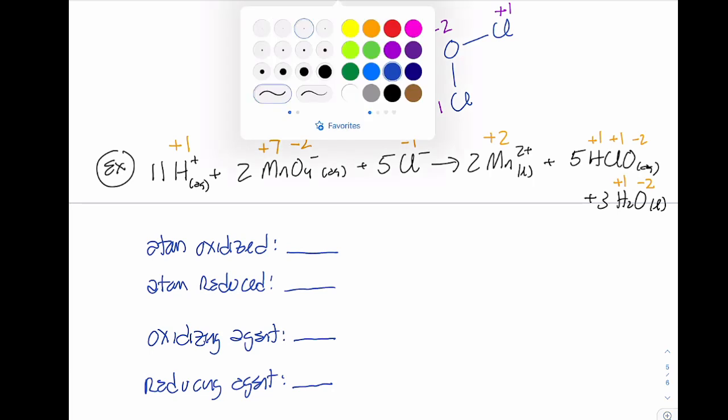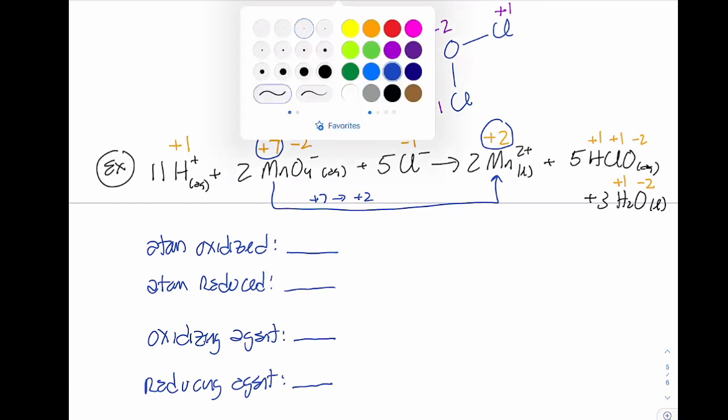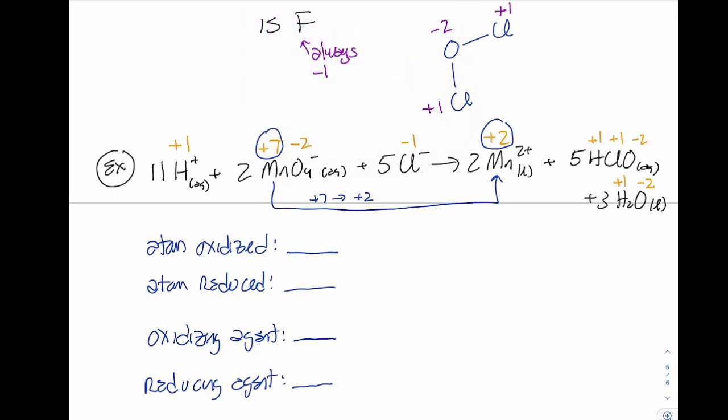So if I look at manganese, here it's a +7, here it's a +2, right? So I went from +7 to +2. It was reduced, it gained electrons. So the atom that's being reduced is manganese.